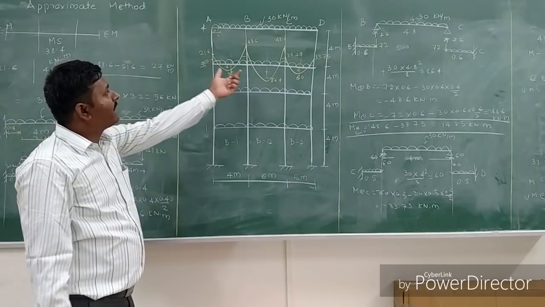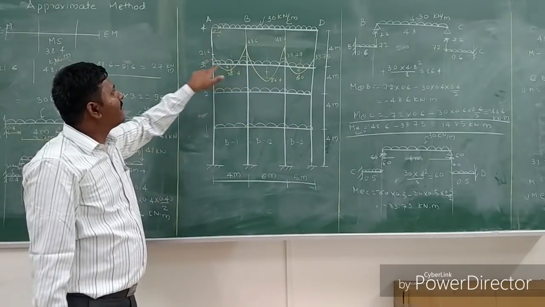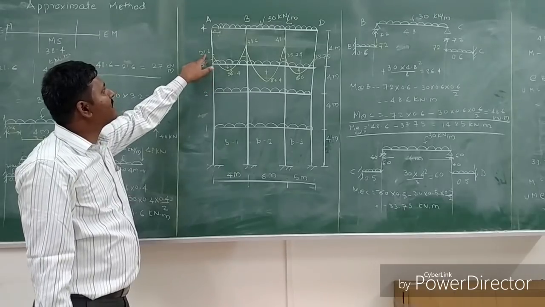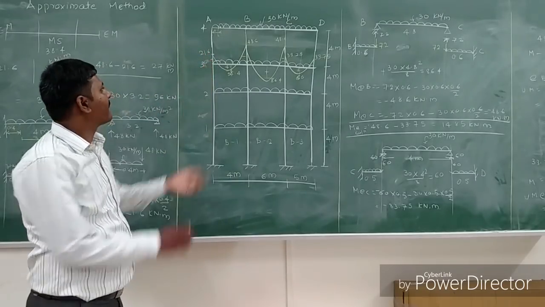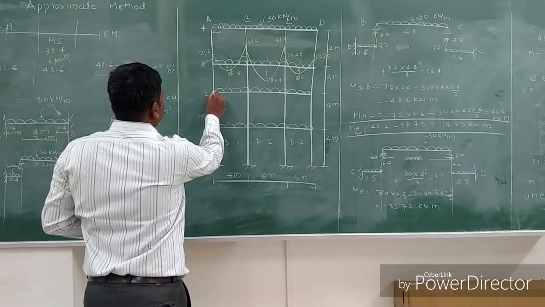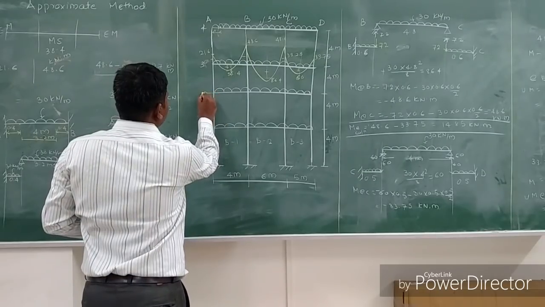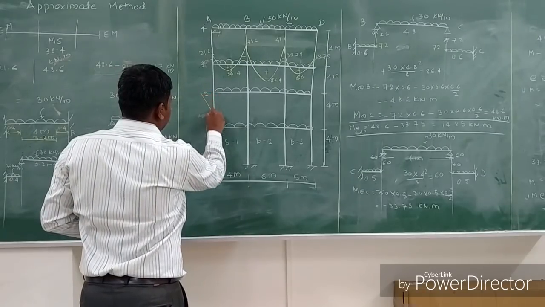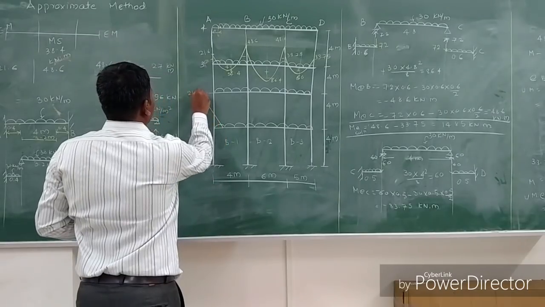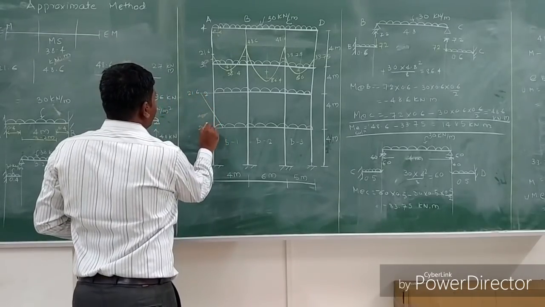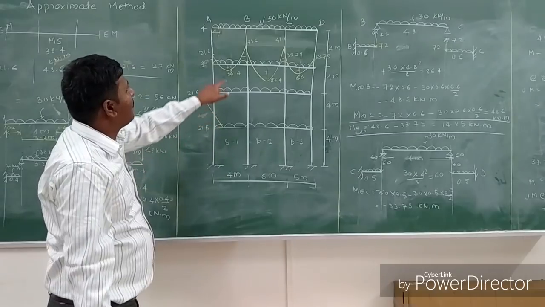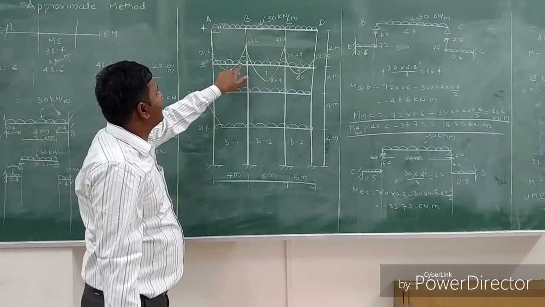Now difference at the joint. Now here if you see what is the difference at the joint, it is 21.6 straight away. So I can draw bending moment for columns also, which is nothing but 21.6, 21.6. This is the bending moment taken by the column. Now for joint B, what is the difference?